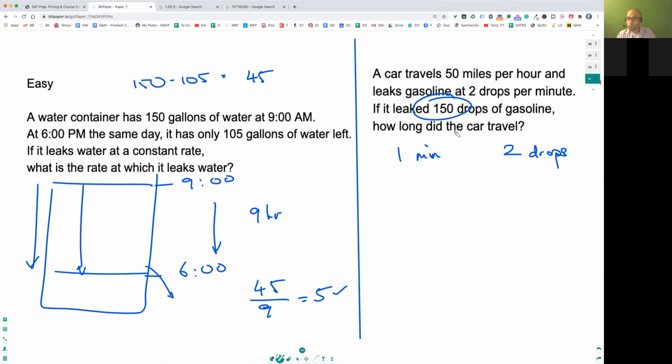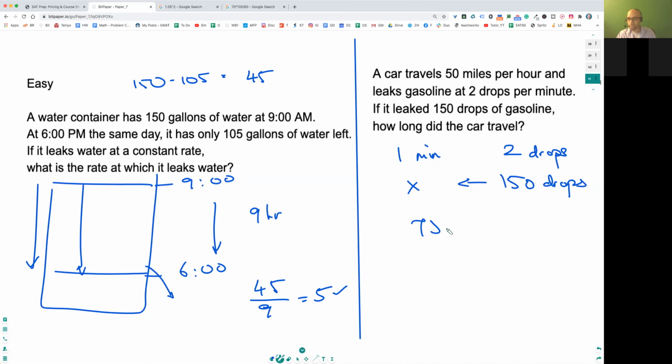So 150 drops, find out how many minutes. Well done, Suraj. Yes, 150 drops, how many minutes? So X minutes. So try to calculate how many minutes, and then it should be easier.